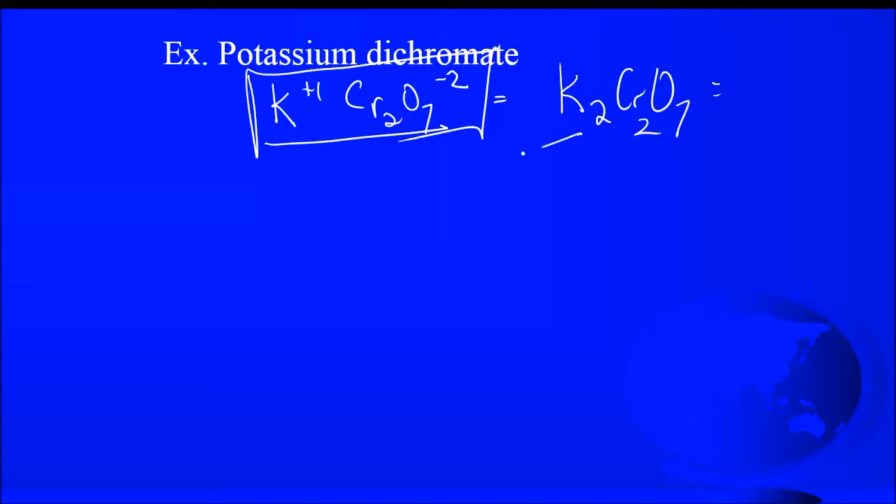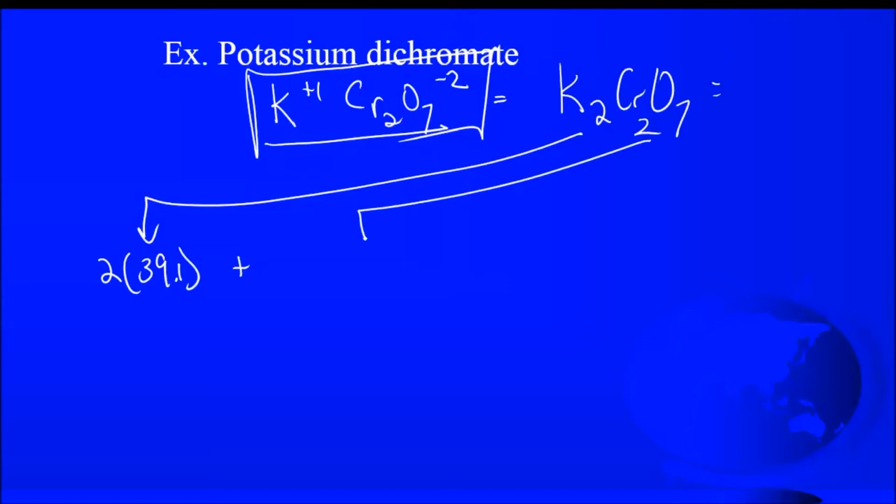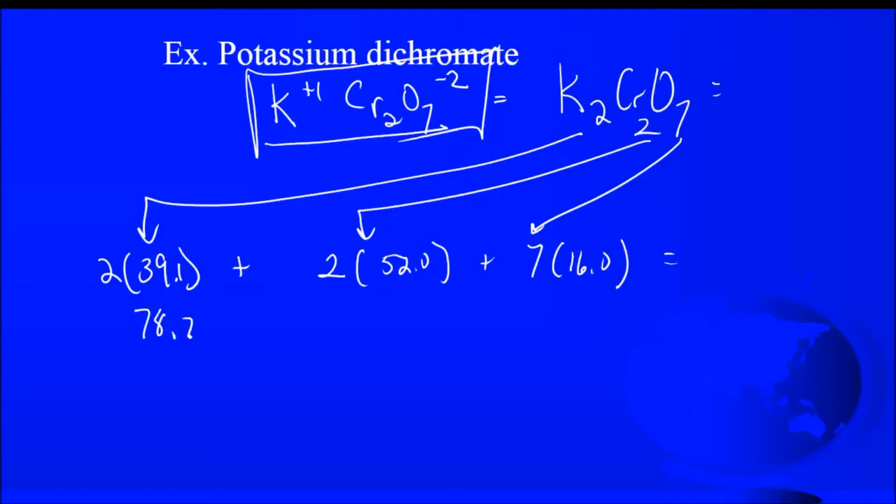All right. 2 potassiums, Max. 39.1 times 2, plus 2 chromiums, 52.0, plus 16.0 times 7. This is 78.2. This is 104. I think the last is 112, but I'm not sure.